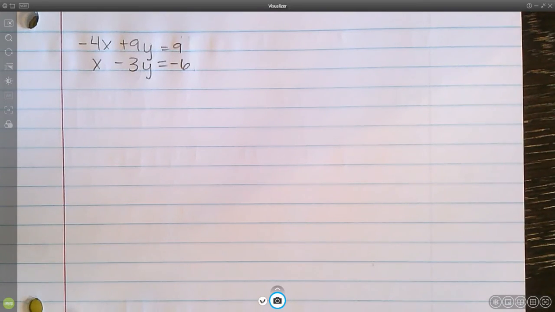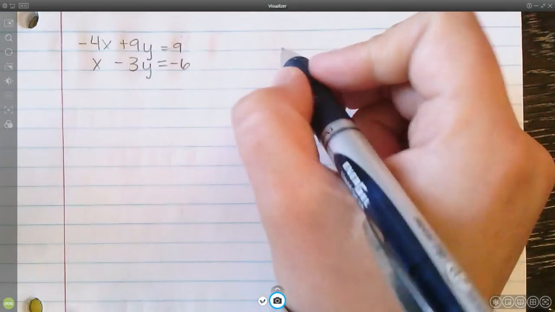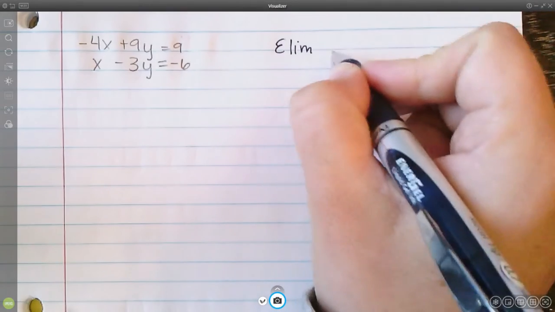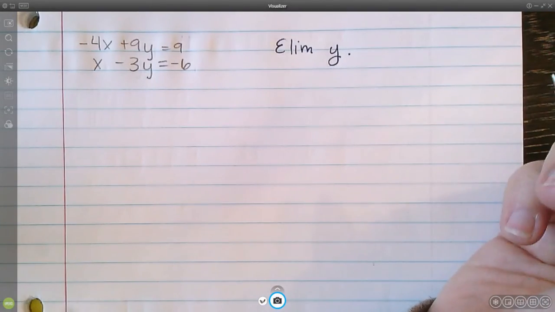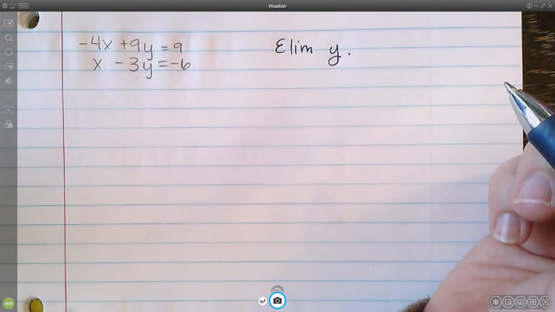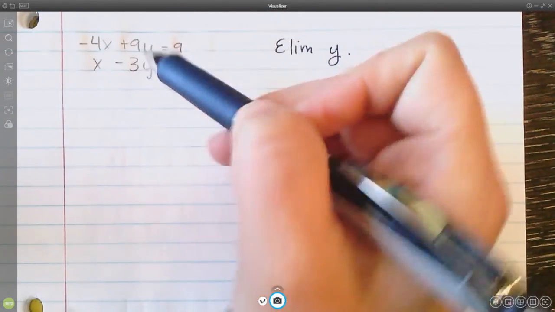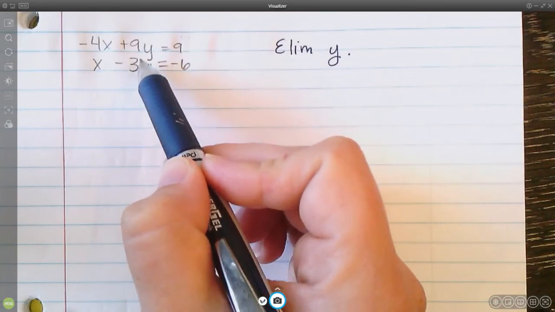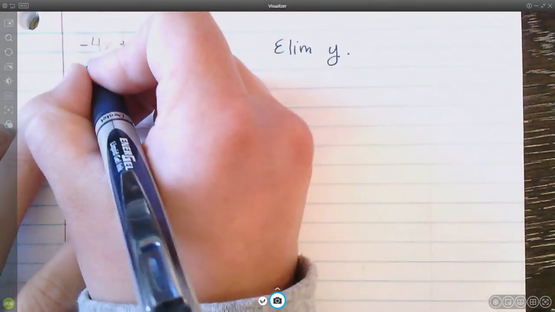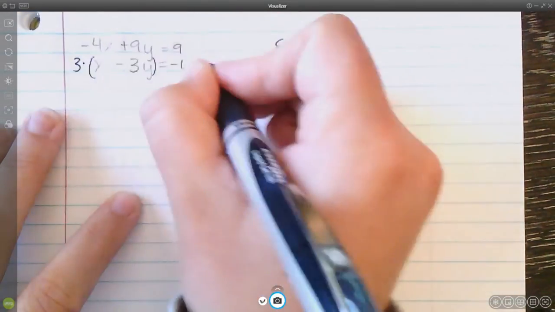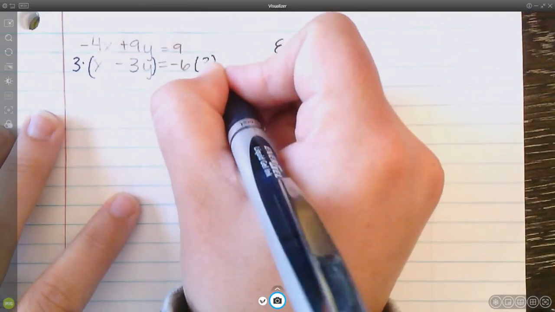Let's eliminate the y's. Okay, so eliminate y. So if I'm going to eliminate the y, we need to multiply this by 3. So multiply this side by 3 and multiply this side by 3.